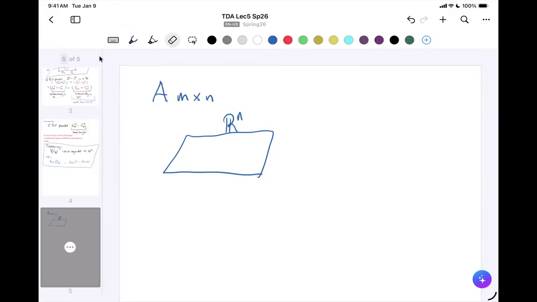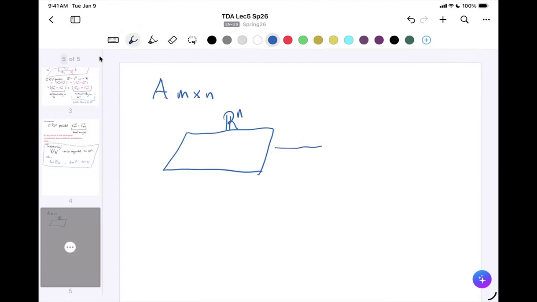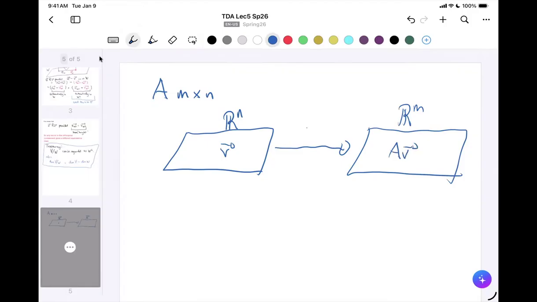So again, if you have a matrix of size m by n, it has n columns, so you can multiply this matrix by a vector with n entries. As a function, it starts on Rn and it ends on Rm. The idea is that it takes a vector v and produces a vector A times v. That is what the matrix A does, and that's how you think of a matrix as a linear transformation.